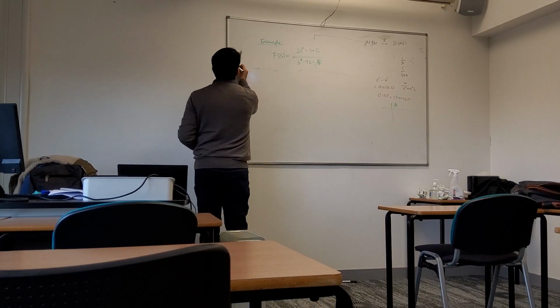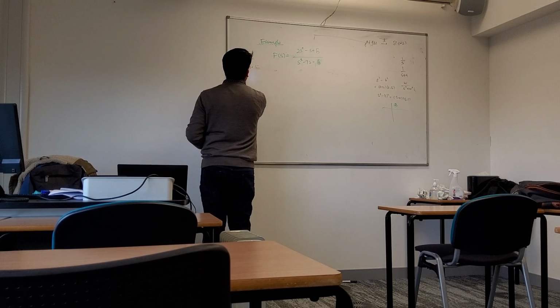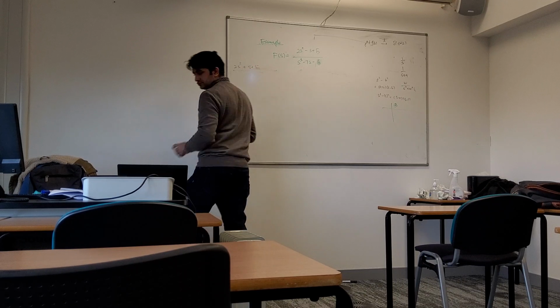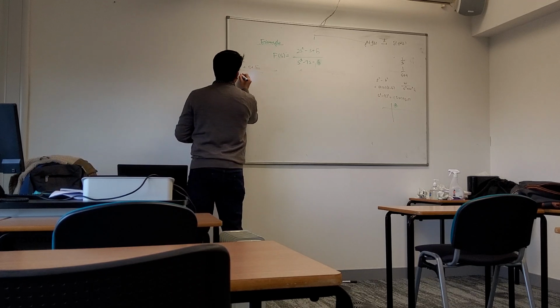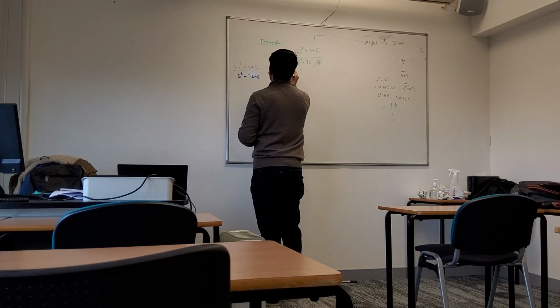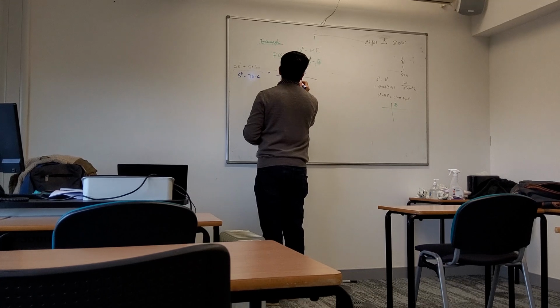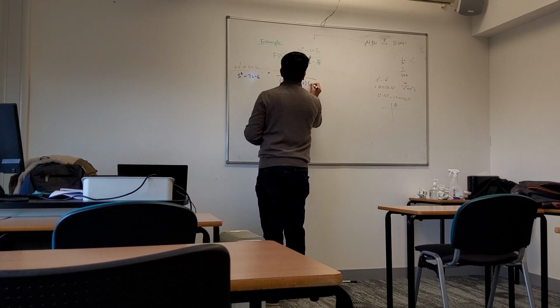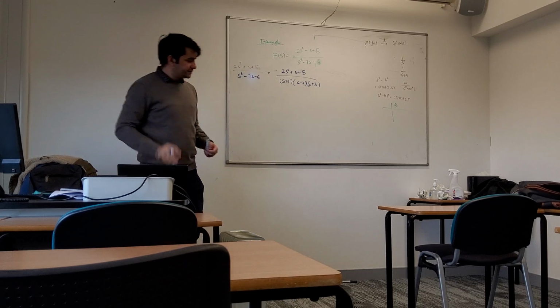So I can write it as 2s squared plus s plus 5 divided by s cubed minus 7s minus 6. I can write it as 2s squared plus s plus 5, and here I take s plus 1, s minus 2, s plus 3, minus 3 and plus 2.